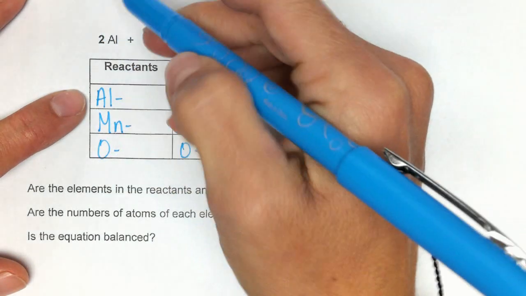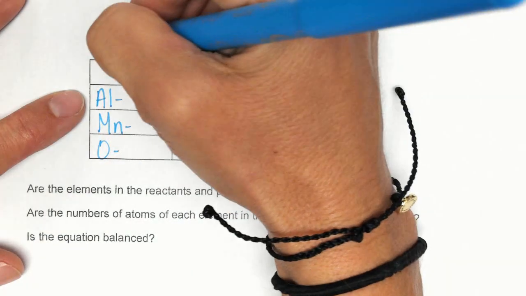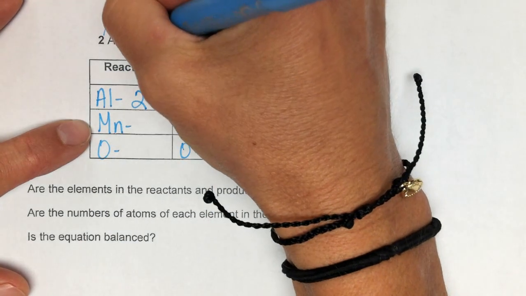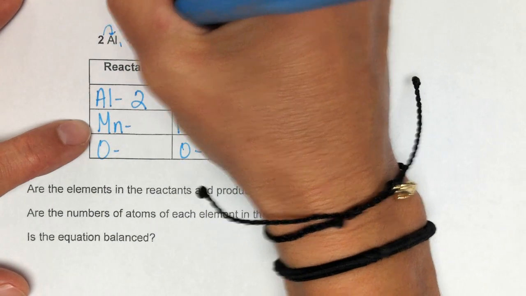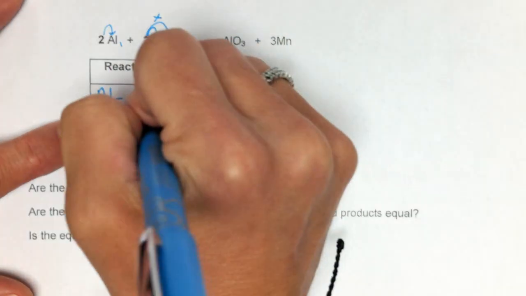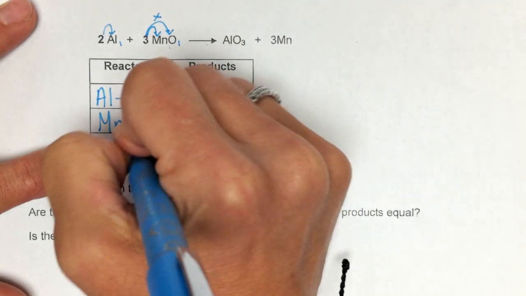Okay, so I have a 2 coefficient, so that 2 gets multiplied by that understood 1. So 2 times 1 is 2. Manganese, I have a 3 coefficient, so that's going to get multiplied by everything behind it. So 3 times the understood 1 gives me 3, and 3 times the understood 1 for oxygen will give me 3 as well.